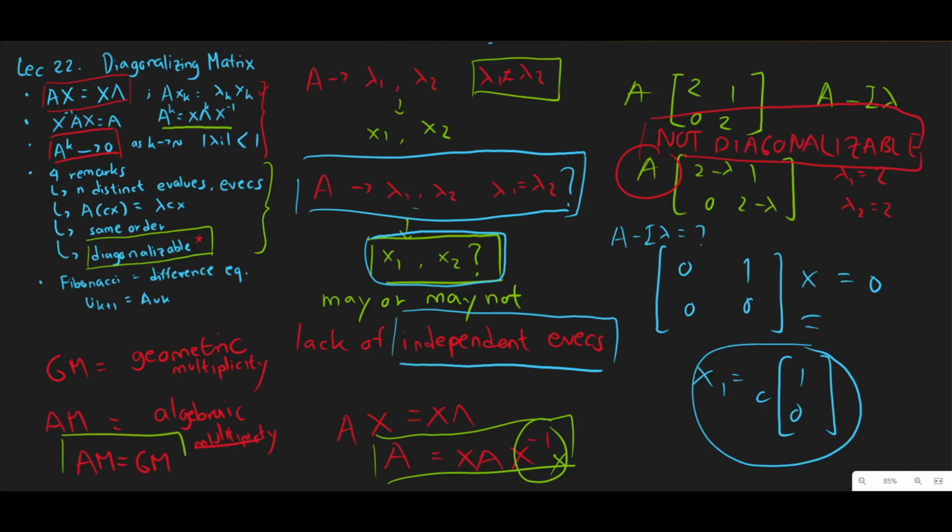Like if I have two eigenvalues, I need two independent eigenvectors, and with 3 of them, I need 3 eigenvectors as well. Geometric multiplicity refers to the number of independent eigenvectors, so in this case GM is 1, while algebraic multiplicity refers to the number of repeated eigenvalues, so AM is 2. Here we have GM less than AM, therefore our matrix is not diagonalizable. So that's it for part 2. See you in part 3.